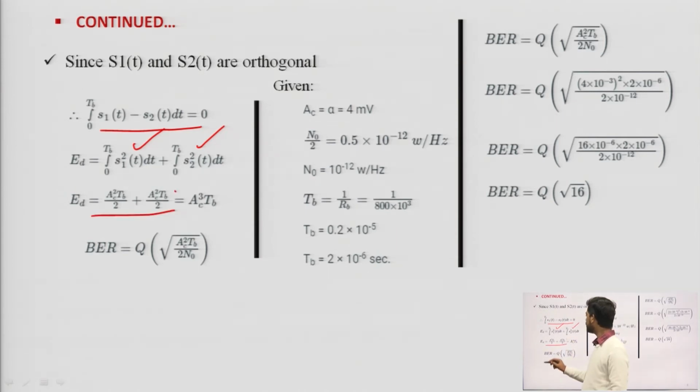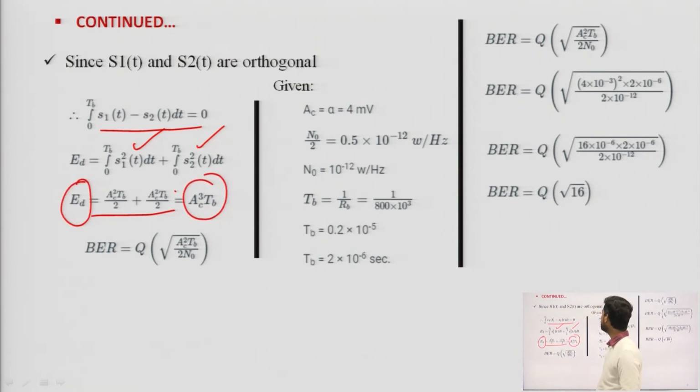After adding these, I get Ed equal to Ac square times Tb, that is A square Tb by 2 plus A square Tb by 2.